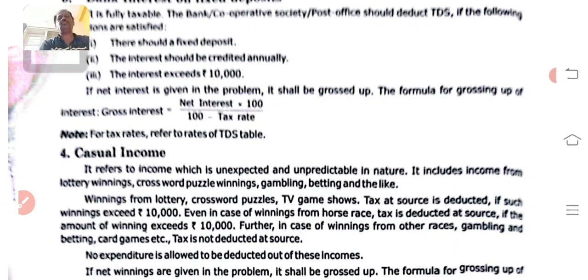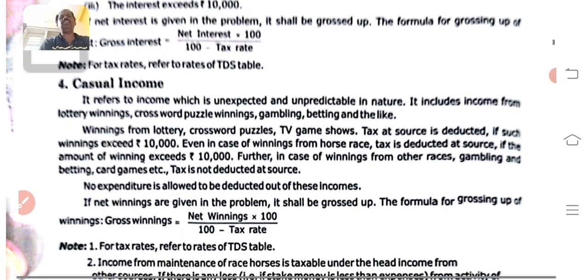The fourth one is casual income. What is casual income? It refers to income which is unexpected and unpredictable in nature. It includes income from lottery winnings, crossword puzzle winnings, gambling, betting, and the like.